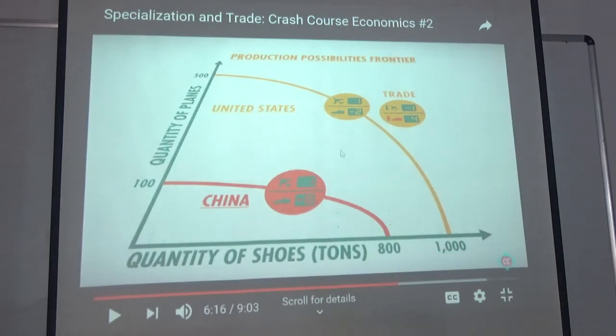So in the US, it's 1,000 to 500. So you can make 500 planes or 1,000 tons of shoes. So for the U.S., the opportunity cost is 2 tons of shoes for each airplane.